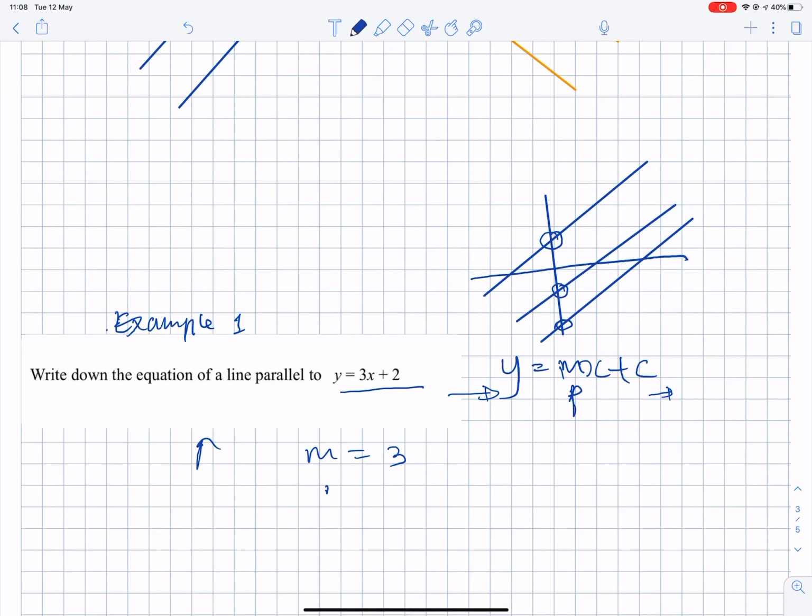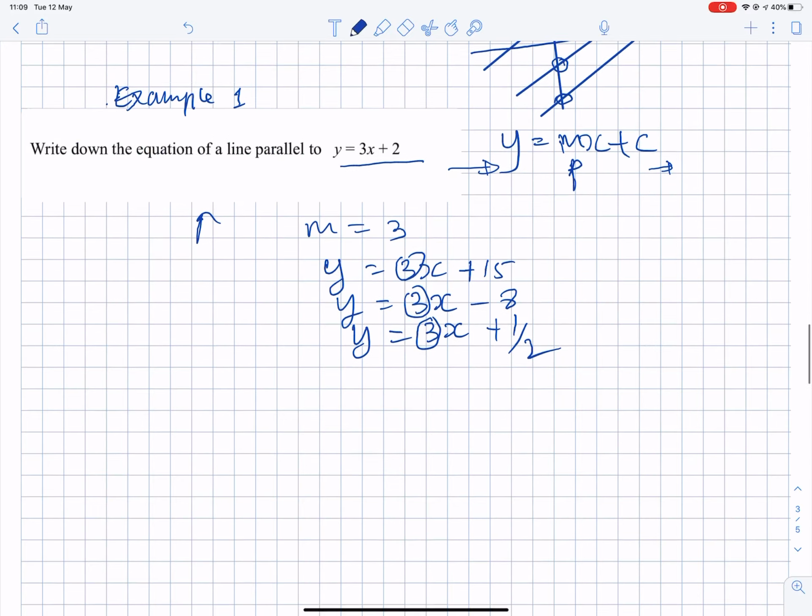Well, I could write y equals 3x plus 15, y equals 3x minus 8, y equals 3x plus a half. It doesn't matter what the y-intercept is. All that matters is that they have the same gradient. So those are a few examples.